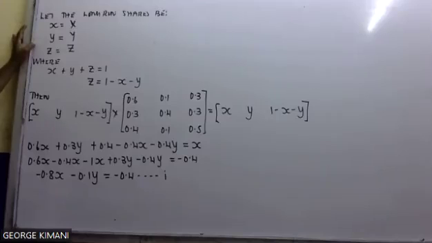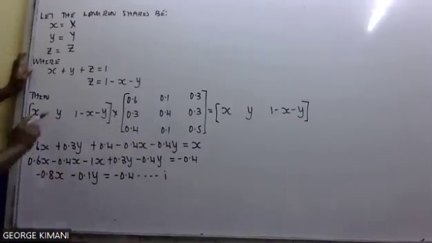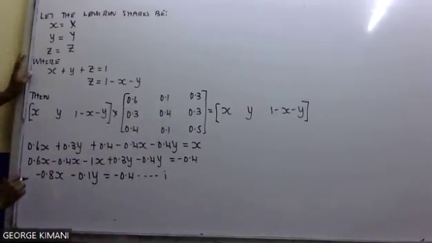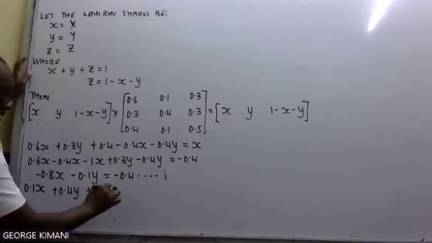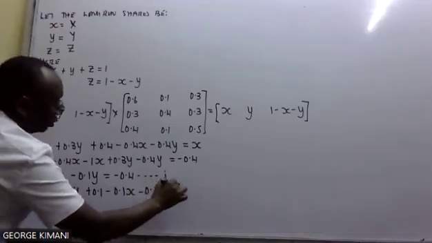You need to multiply the first row by the second column. So you have 0.1x plus 0.4y plus 0.1 minus 0.1x minus 0.1y is equal to y.